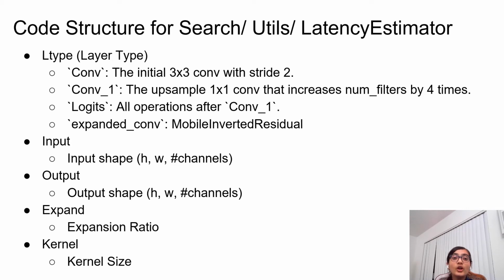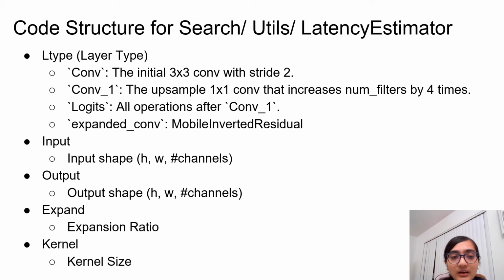It is based on the convolutional layer. If the convolutional layer initially is a 3 by 3 convolutional layer, then the layer type here in the code is defined as convolutional, wherein convolutional 1 is a 1 by 1 convolutional upsample, which increases the number of filters by 4 times.